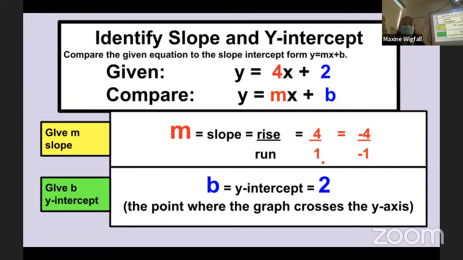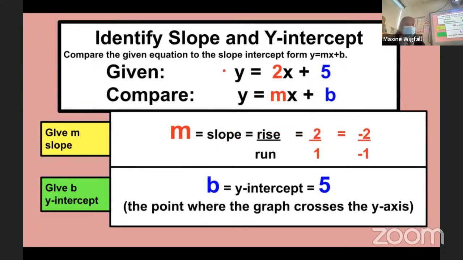So 4 divided by 1 is the exact same number as -4 divided by -1, because again, in algebra, a negative divided by a negative will equal a positive. And b, again, is the y-intercept because it's the constant term at the end of the equation. Now, I want you to know that equations won't always be given to you in this form, but your job would be to put them in this form.